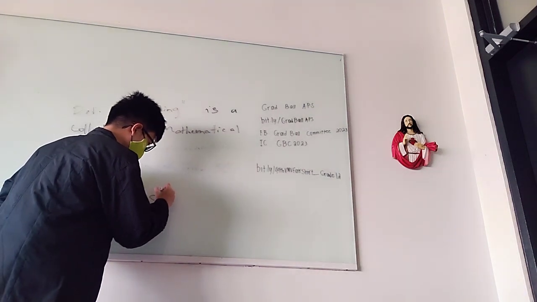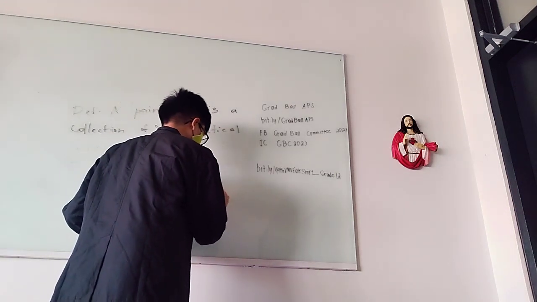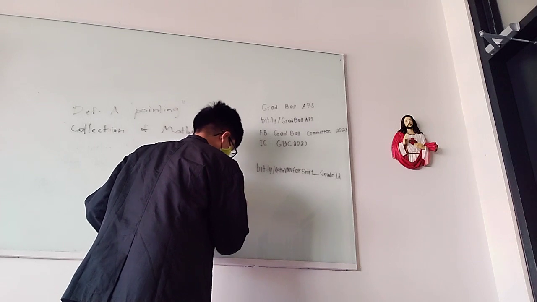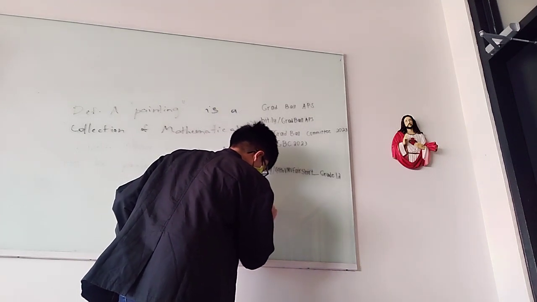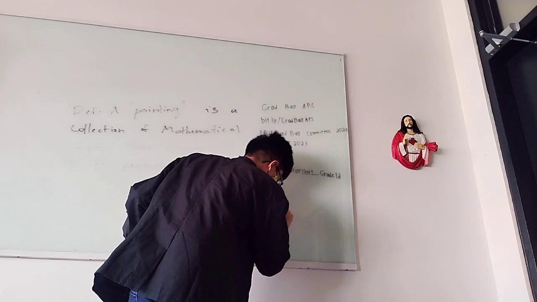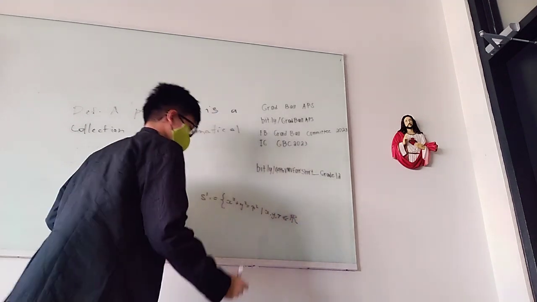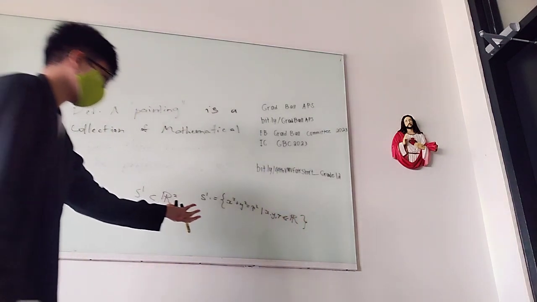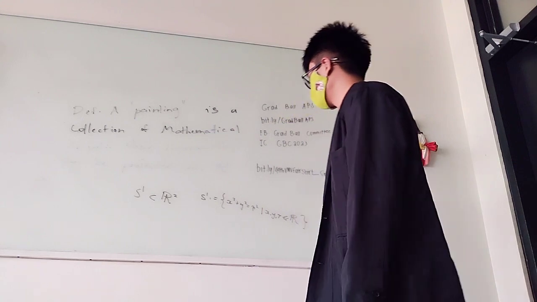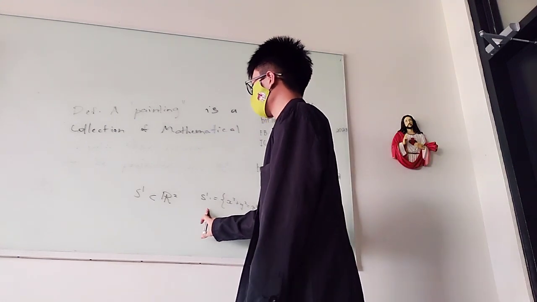S1 is a subset of R2, and is in fact defined to be the set of all points (x, y) such that x squared plus y squared equals r squared, where these three numbers are part of R. So that's the definition of S1, or a circle. And this is an example of a painting already.